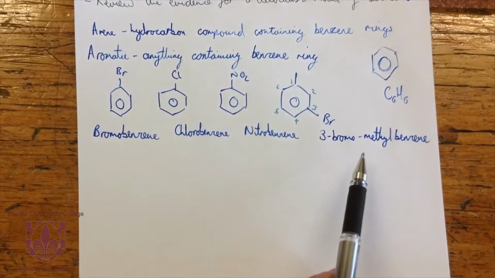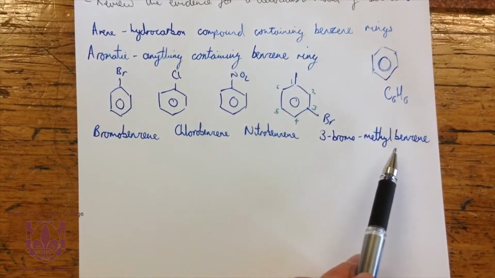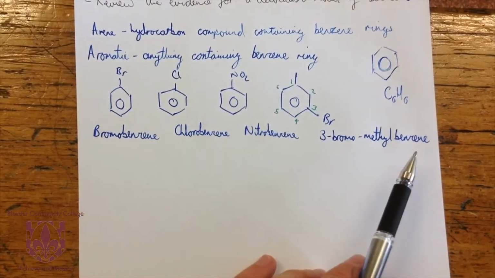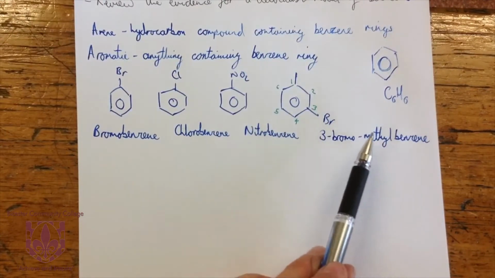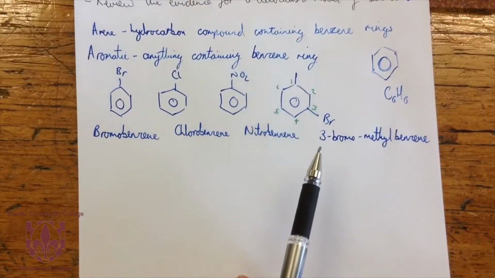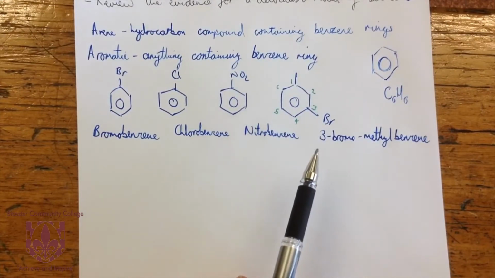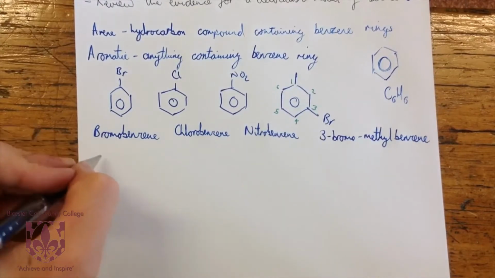Okay, so we don't say 1-methylbenzene, because if you say something like chlorobenzene, nitrobenzene, methylbenzene, you assume that that group there is on carbon 1, and then bromo is on the 3rd one from it.